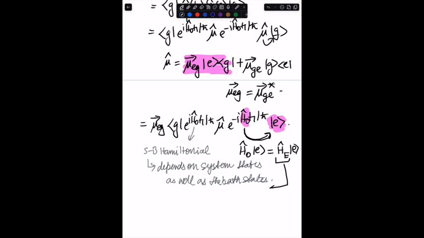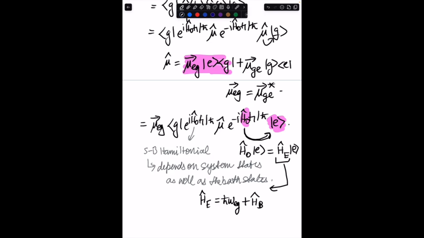So let me just write it down that HE is the Hamiltonian of the excited state. It's still an operator. Note that. And it contains the energy of the excited state coming from the system component, which is just h bar omega Eg. And of course, you have your bath Hamiltonian.